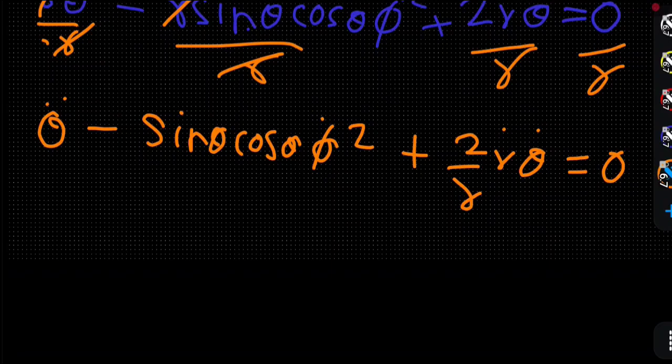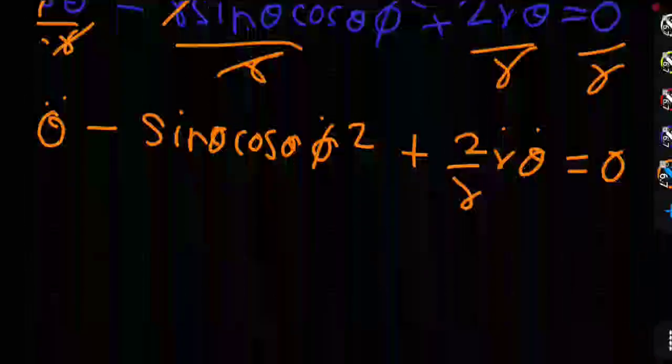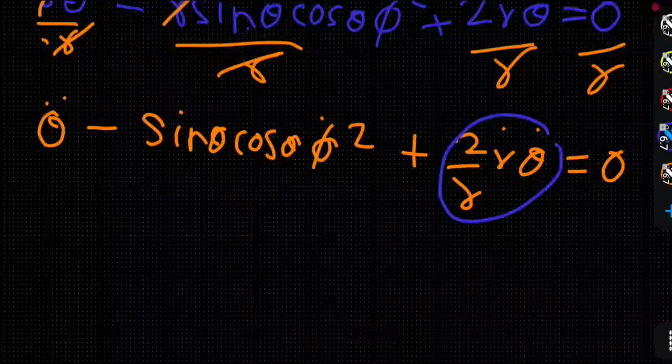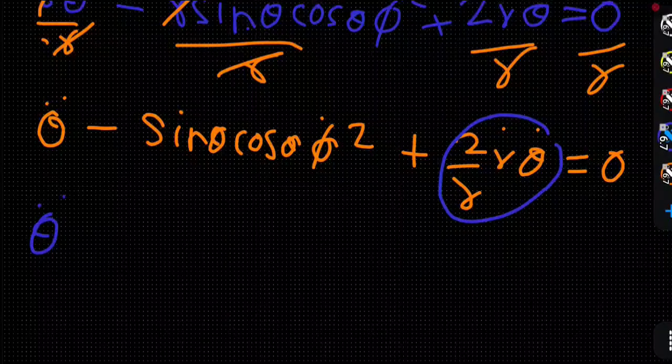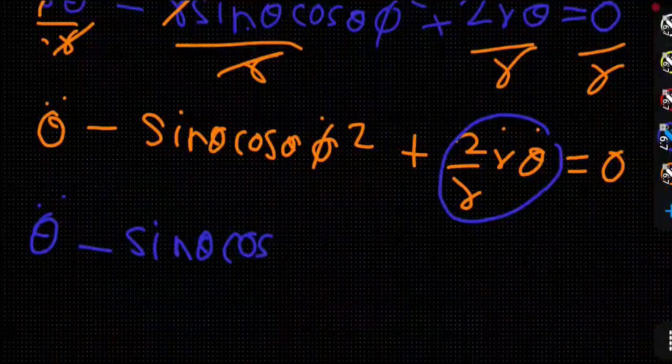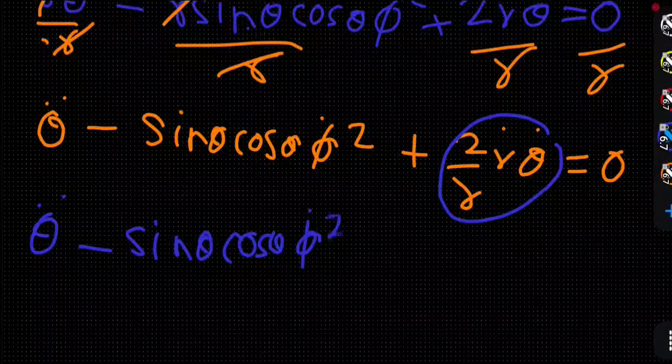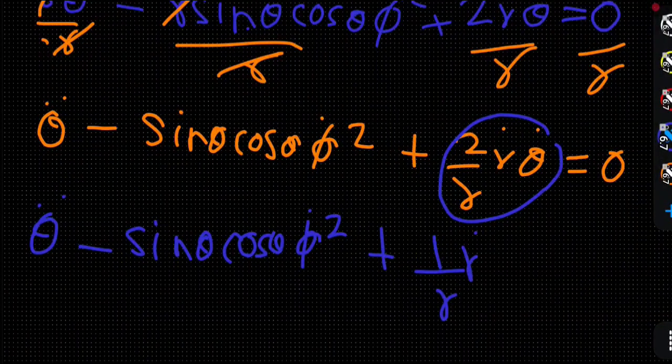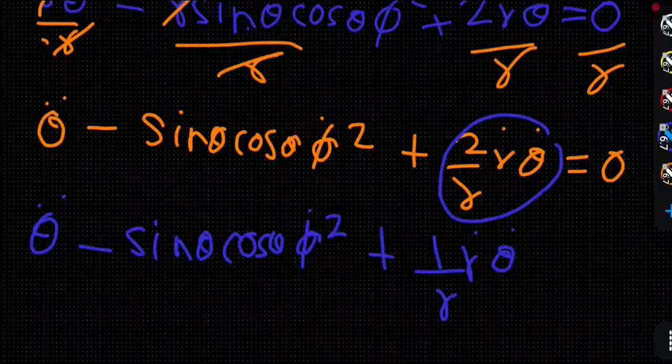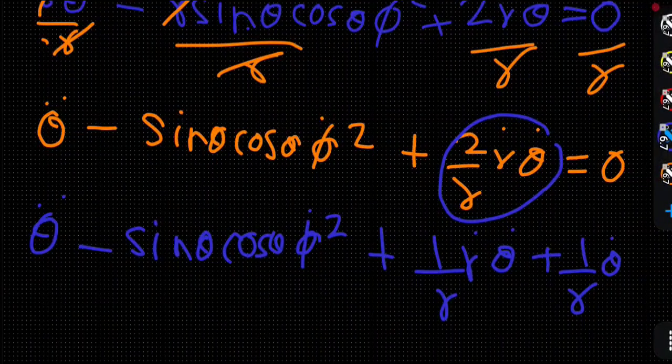Now, a very important thing. I am writing this part as it is, sin θ cos θ φ̇². What I'm doing is writing (1/r) ṙ θ̇ first, plus (1/r) θ̇ ṙ.